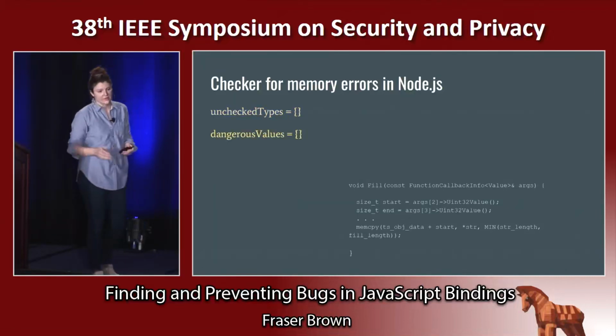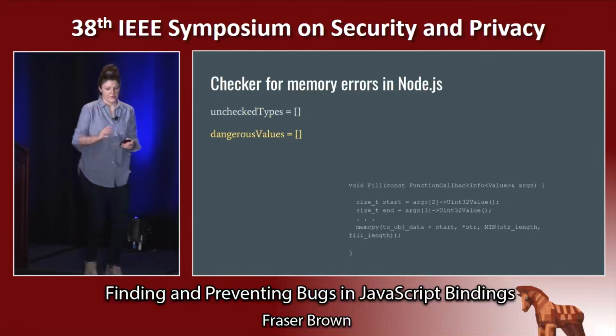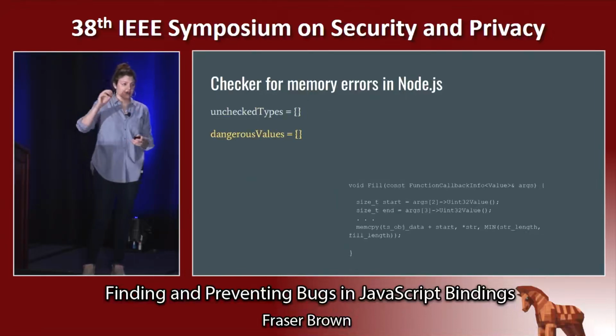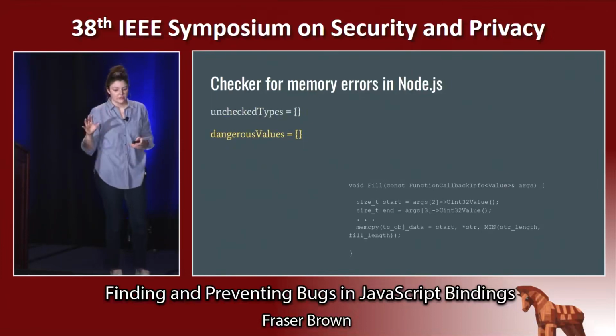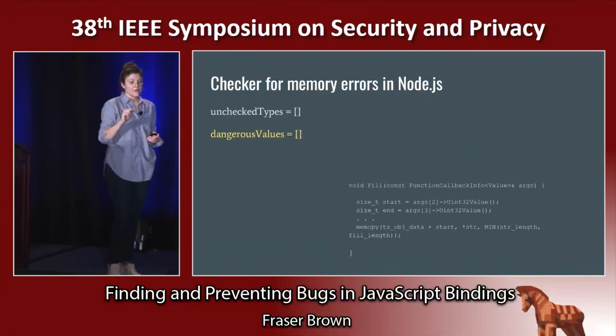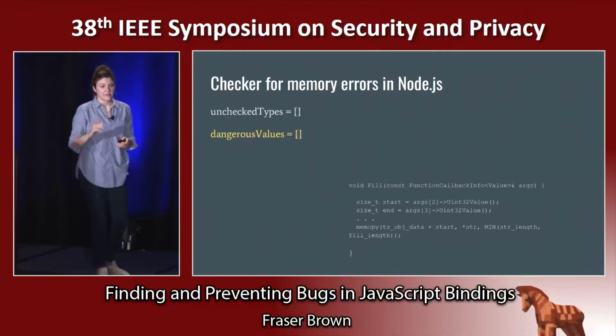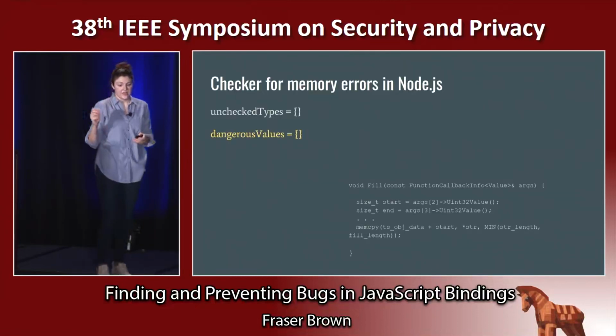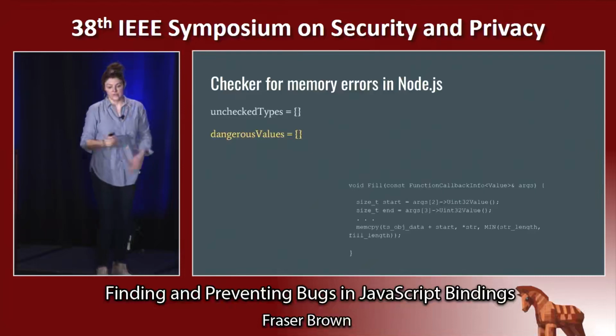Then it keeps track of something called dangerous values, and that's a little complicated, but it's looking for cases where implicitly casting functions, like uint32, are called on variables that are in that unchecked type set. Anytime that's assigned to a variable, that variable goes into dangerous values.